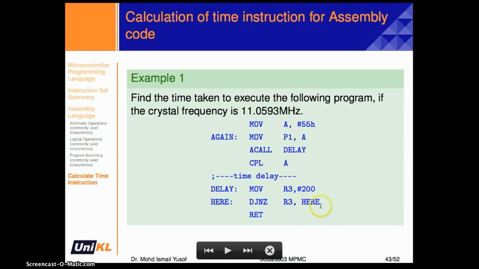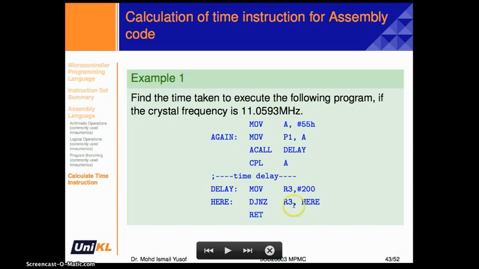It should jump here. So where is here? Here is here. So it will do this line 200 times, because from 200 it will minus 1 become 199, 199 minus 1 becomes 198, and it is actually doing the decrement 200 times.